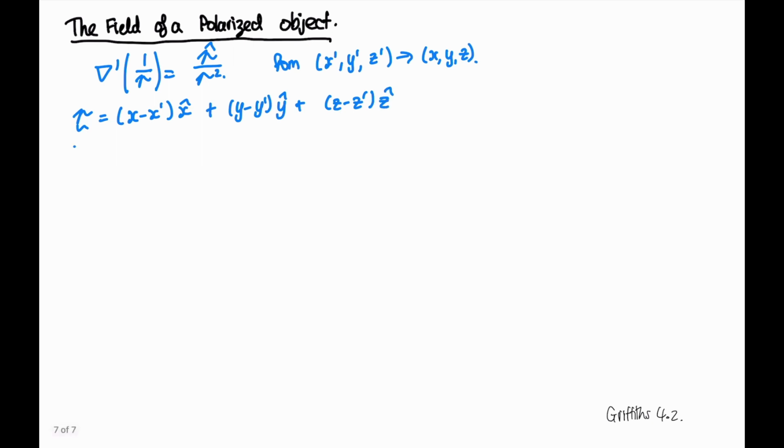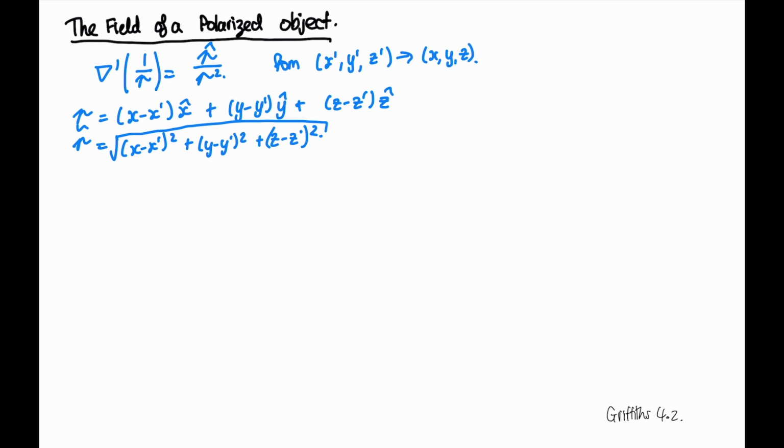If we want the magnitude of it, then curly r is equal to the square root of x minus x prime squared plus y minus y prime squared plus z minus z prime squared. Now we're going to be doing derivatives with this, and it's easier to use the chain rule in parts.